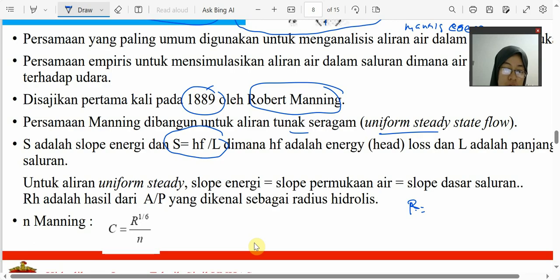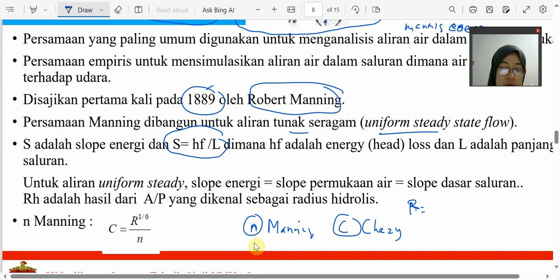So what is the connection between the N of Manning and the C of Chezy? Both introduce roughness coefficients. Manning introduced N as a roughness coefficient. Chezy introduced C as a roughness coefficient that will impact the velocity.